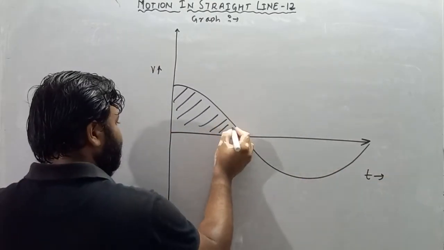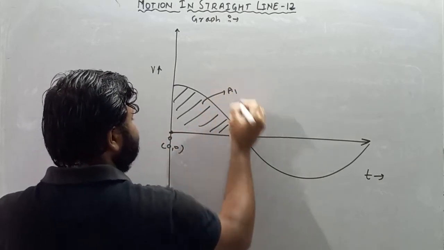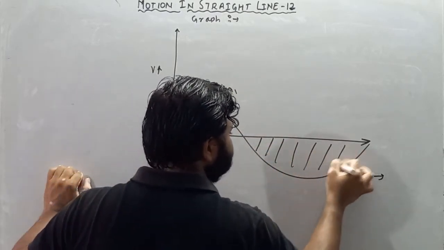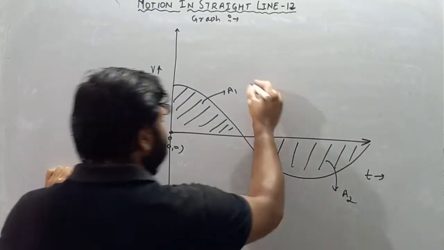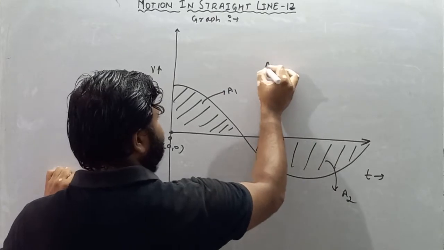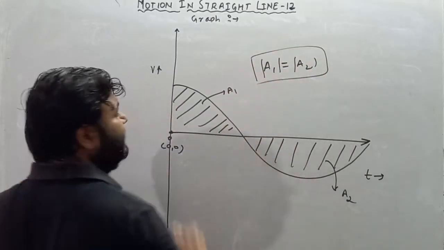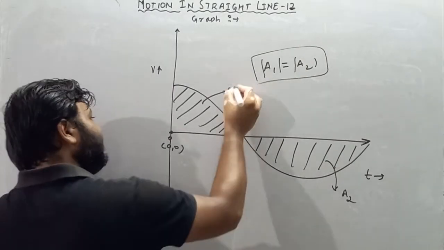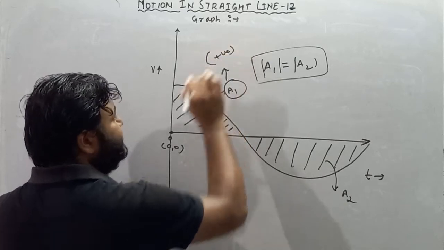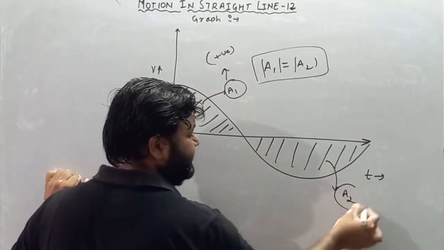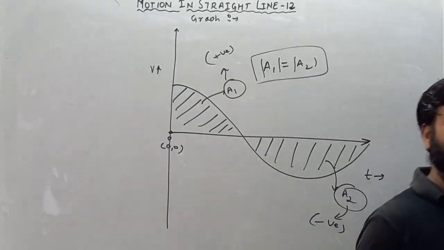Now see, above origin we have an area, let's suppose it is A1, and below origin also we have an area, let's suppose A2. And we know that by the formation of the graph, the magnitude of A1 is equal to the magnitude of A2. But see, this A1 is above origin, it means A1 is positive, and this A2 is below origin, it means A2 is negative.